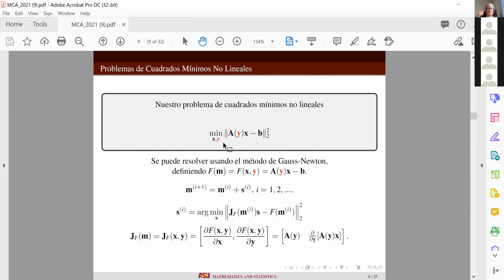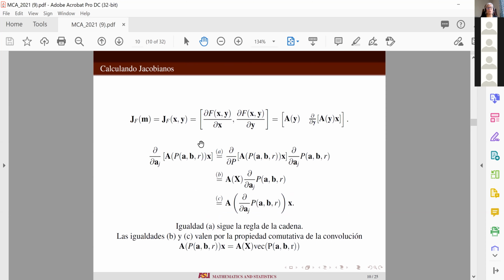So we are iterating, there will be some xi and yi. And when we compute the Jacobian at iteration i, we need xi and yi. We are going to evaluate them there.